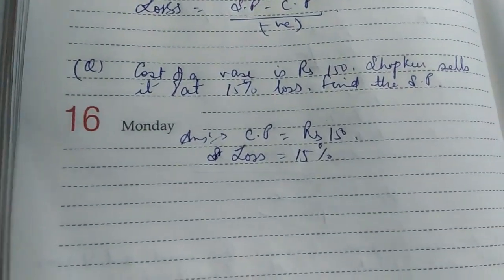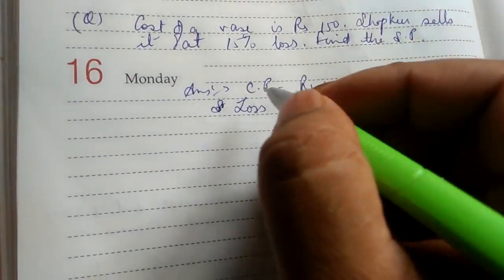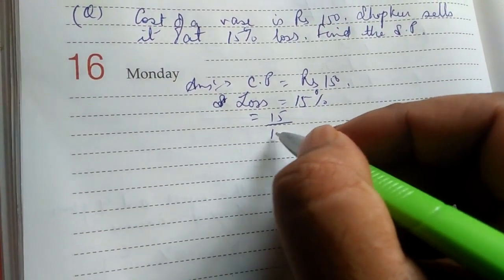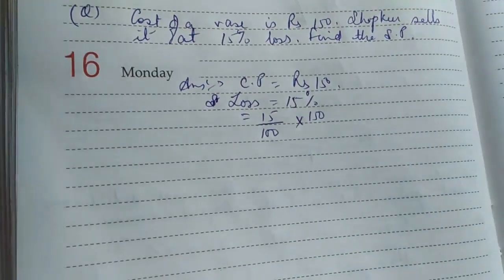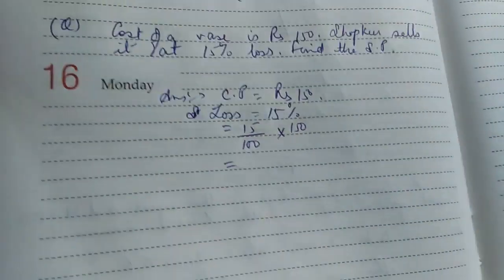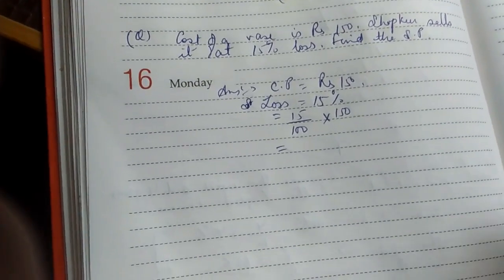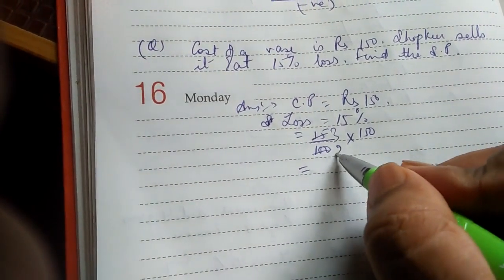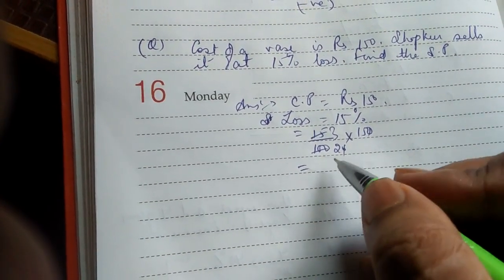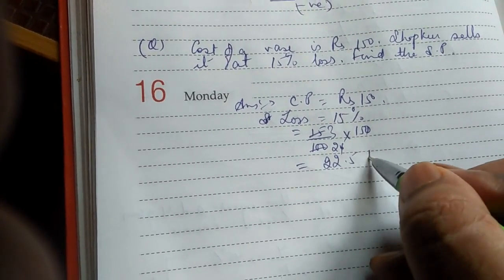So 15 by 100 into 150 is equal to 22.5 rupees.